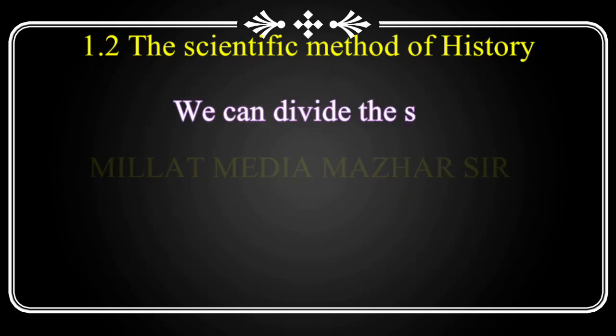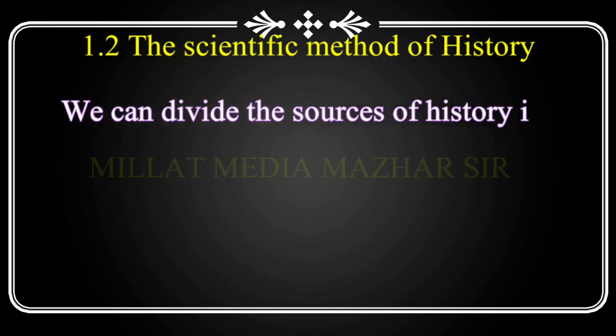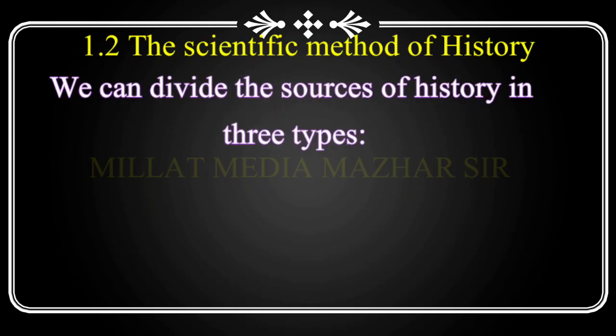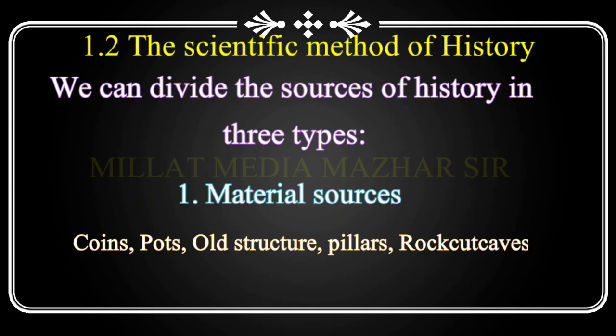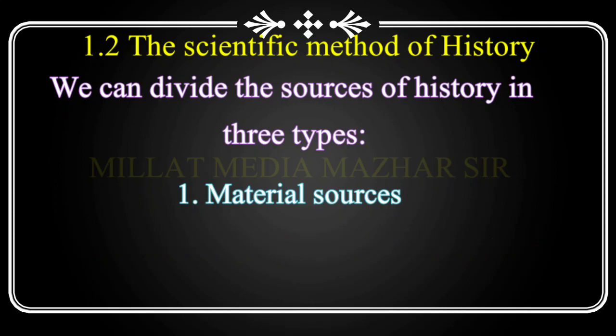We can divide the sources of history into three types. Number one, material sources, such as coins, forts, pots, old structures, pillars, rock-cut caves.